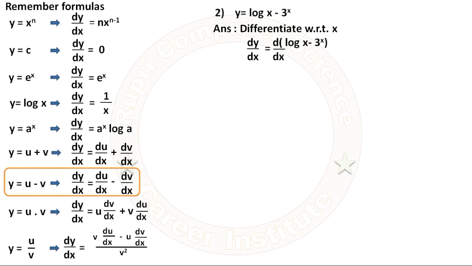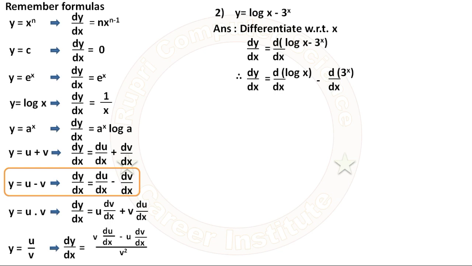Applying this formula in our question, dy upon dx is equal to d upon dx of log x minus d upon dx of 3 raised to x. That is, separate derivatives with minus sign.